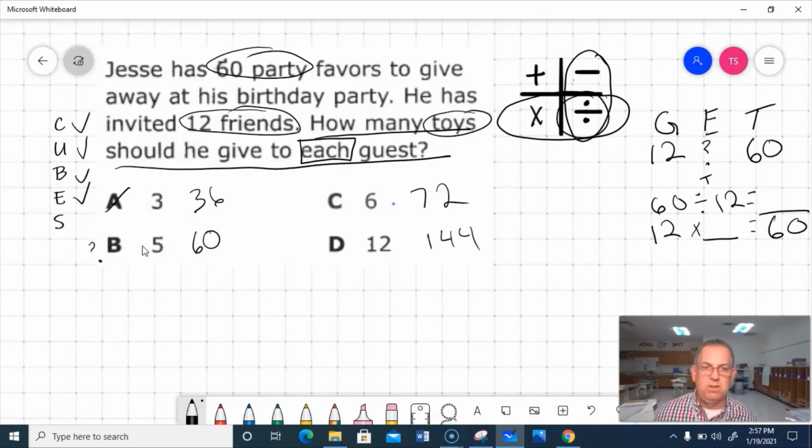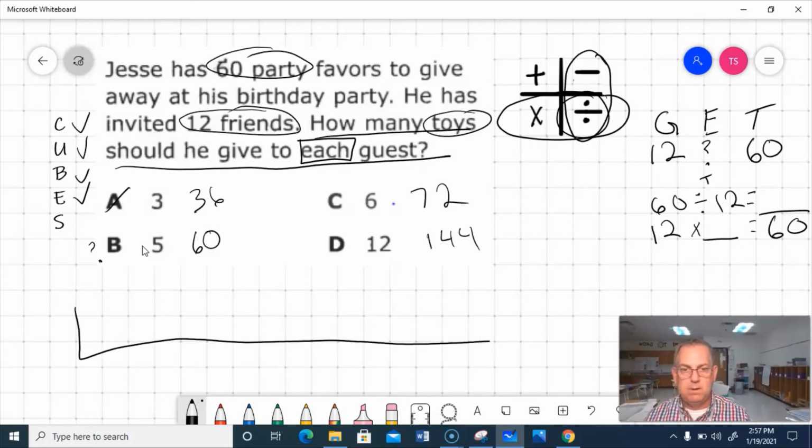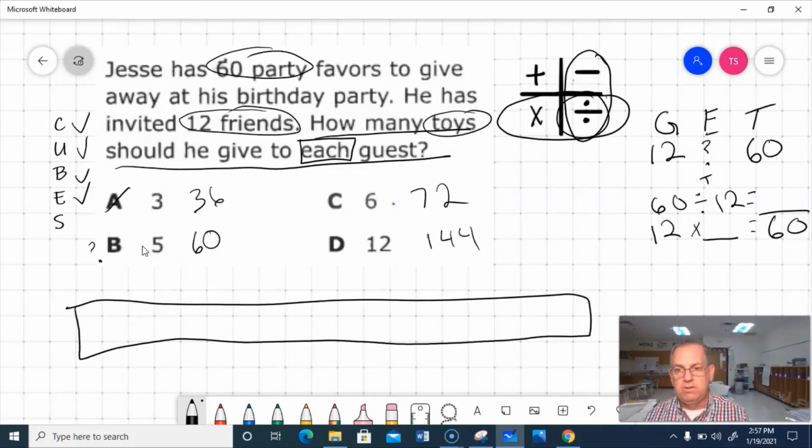But we're going to do something different. We're going to use a strip diagram to help us solve this. So I'm going to draw a strip diagram right here. Kind of an ugly one, I guess. On this, the total distance is going to be 60.